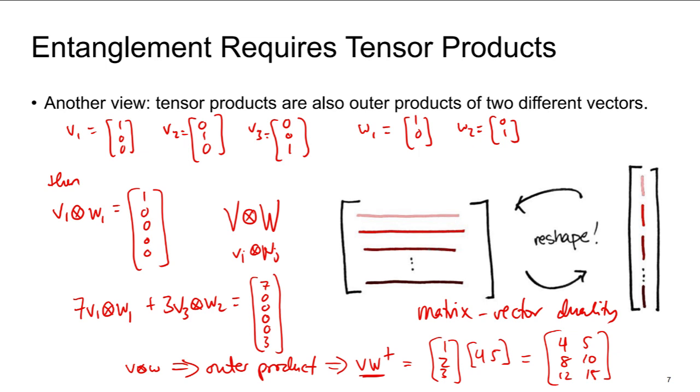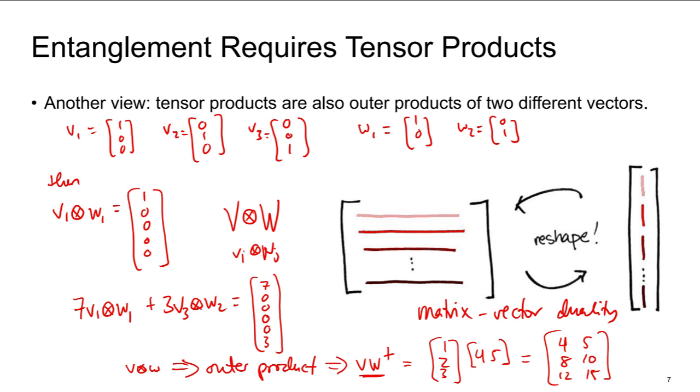So if we think about the vector space, it's the vector space whose vectors are linear combinations of the little vi tensor wj, sorry.